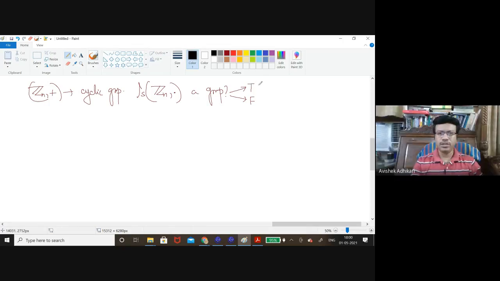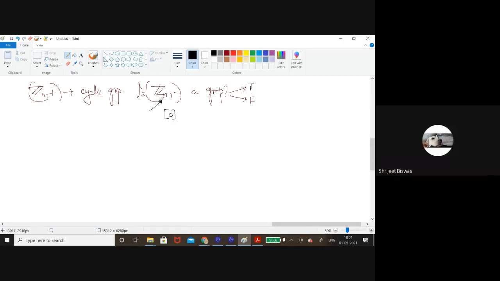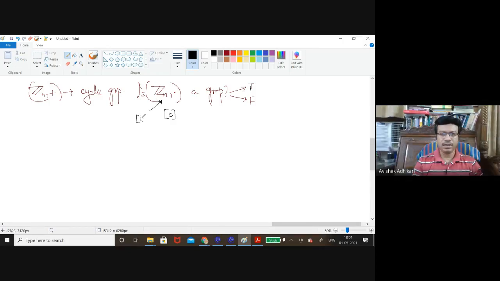Somebody says true. You can see that almost all the properties are satisfied. Now tell me what is the inverse of 0? Or tell me what is the identity element of this? First, 1 is the identity element, right?